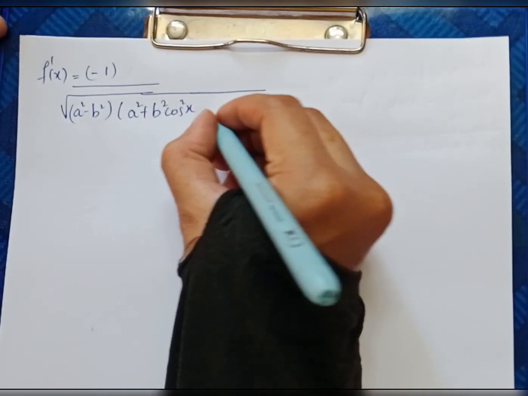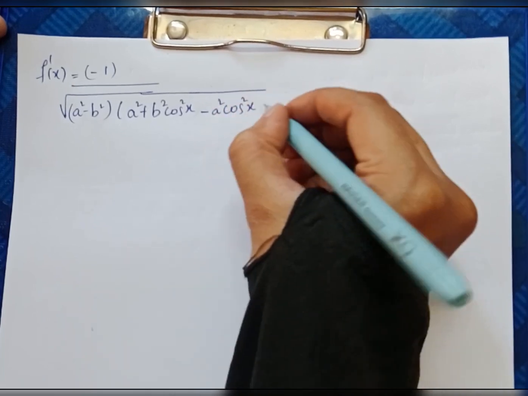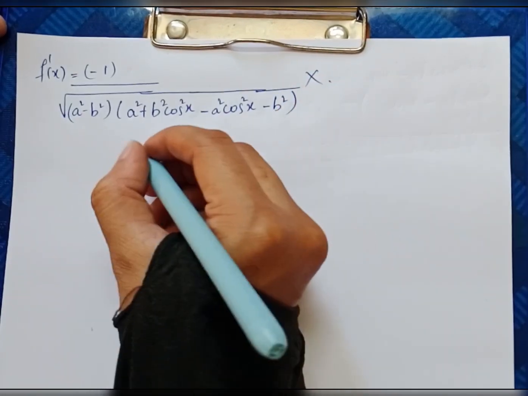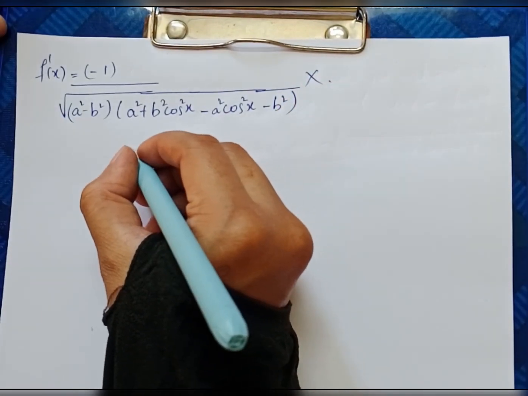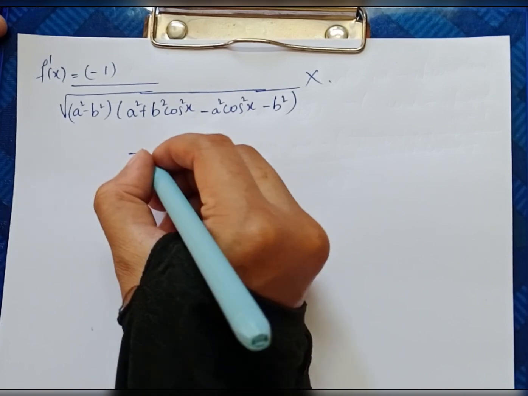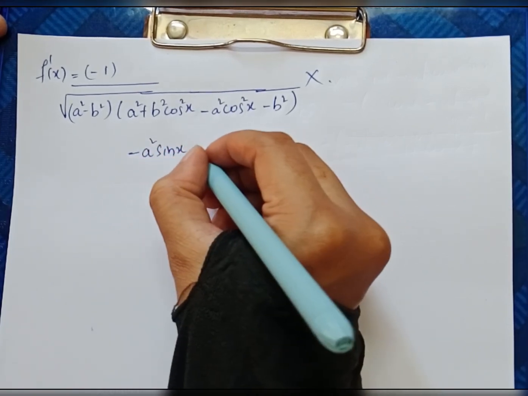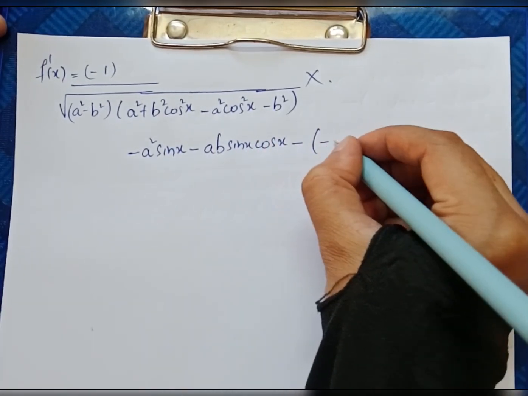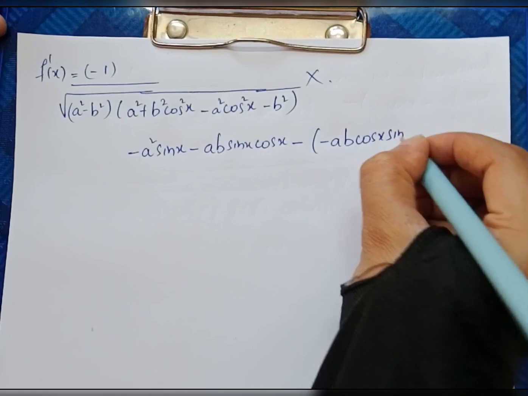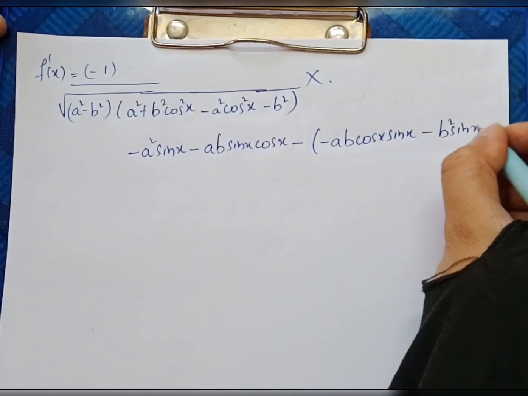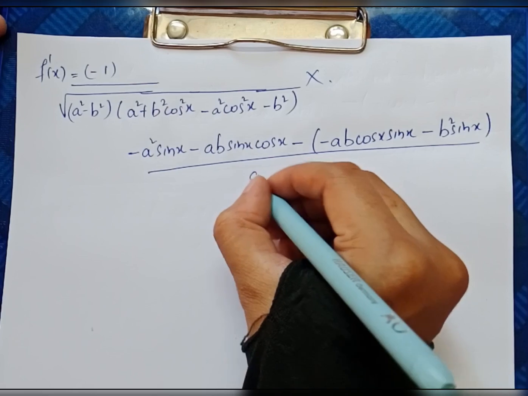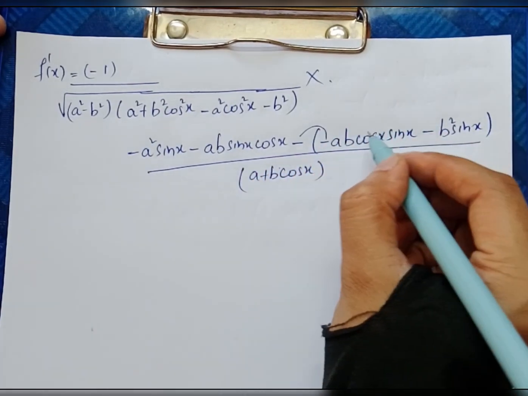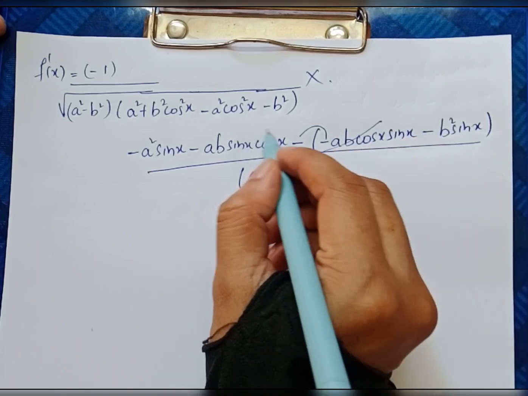Multiplying the minus inside, we get minus a square cos square x minus b square, into the term of u by v derivative. We are left with multiplying a inside, so it is minus a square sin x and minus ab sin x cos x, minus of minus ab cos x sin x, minus b square sin x by a plus b cos x.